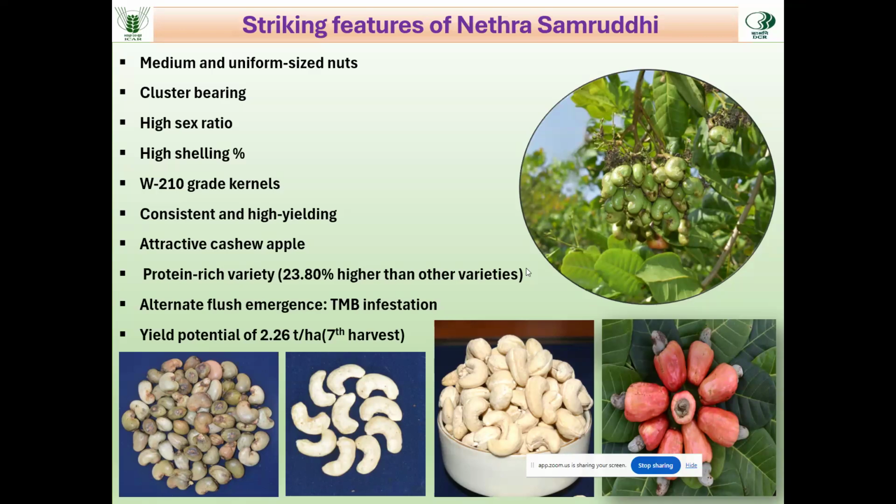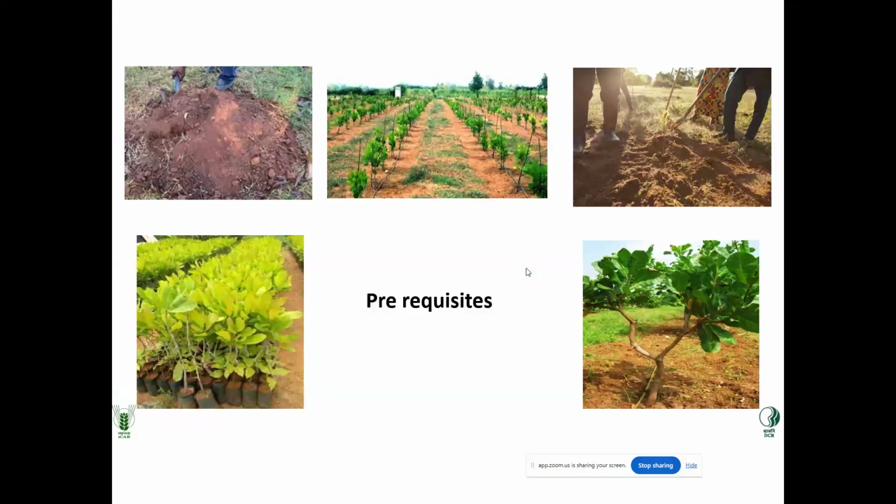Coming to the cultivation aspect, in any crop, one prerequisite for cultivation is the soil type. In which soil type is this crop suitable? Whether the land is level land or sloping land also plays an important role.